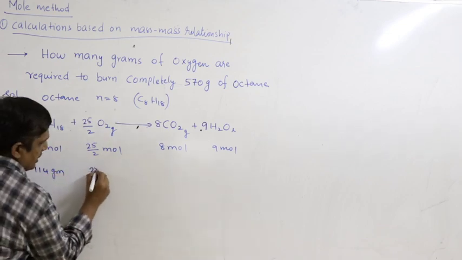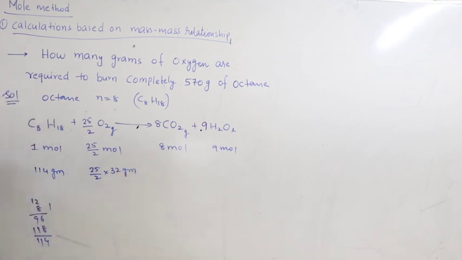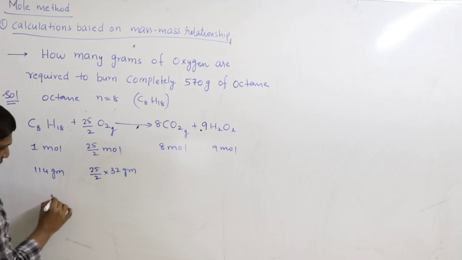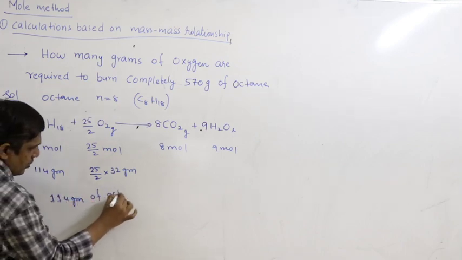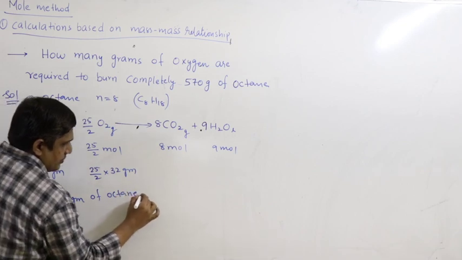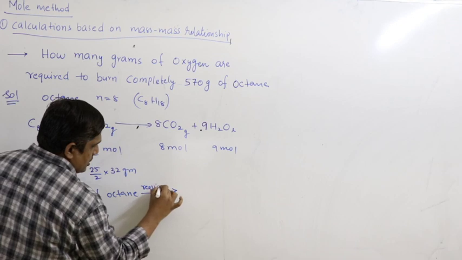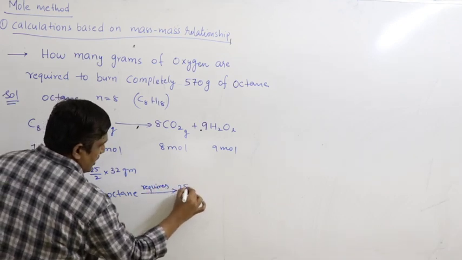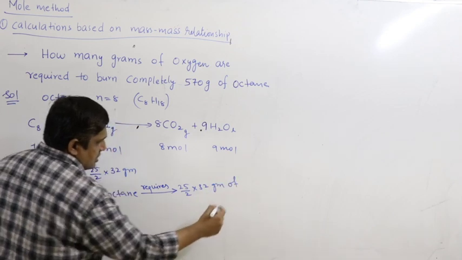Now this is easy, 25 by 2 into 32 grams. So 114 grams of octane requires 25 by 2 into 32 grams of oxygen.